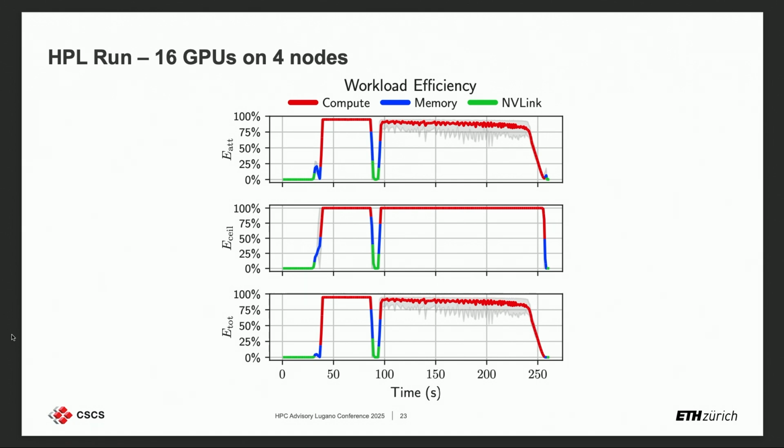You can see that it matches very well with the red line. And then the attainable efficiency is still quite high. It sways downwards toward the end when the amount of data transfer increases. But overall, it reflects quite well the total efficiency, which essentially tells you that you're melting the GPU. You're using almost all of the compute capabilities of the GPU.